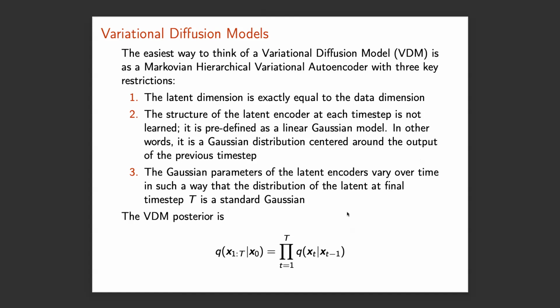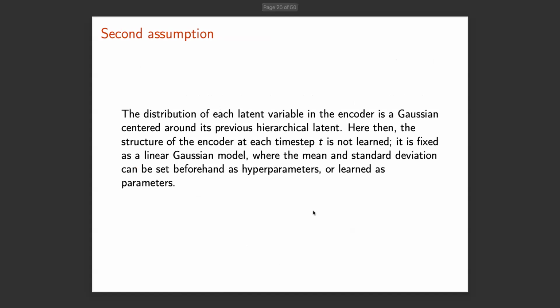So that's where the diffusion thinking comes in: when you do just small perturbations, step by step, at the end you have reached the most likely distribution, which in our case is also going to be a Gaussian. So the distribution of each latent variable, which we call x1, x2, etc., instead of h1, etc., is a Gaussian centered around the previous hierarchical latent. So the structure of the encoder at each time step is not learned.